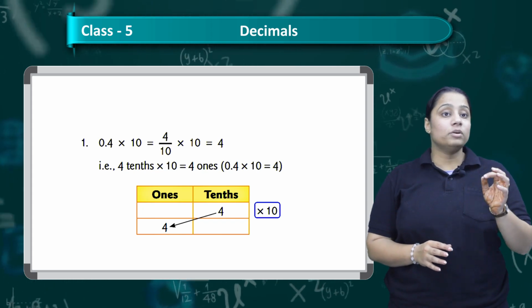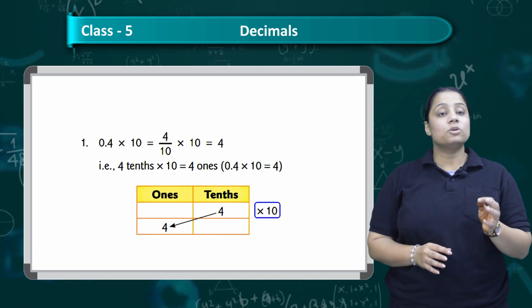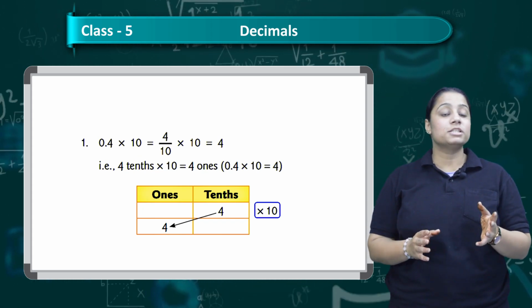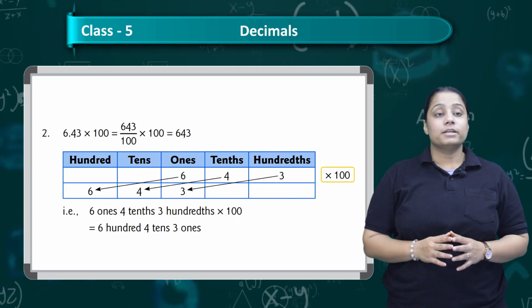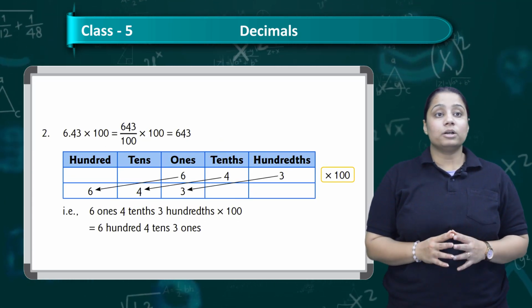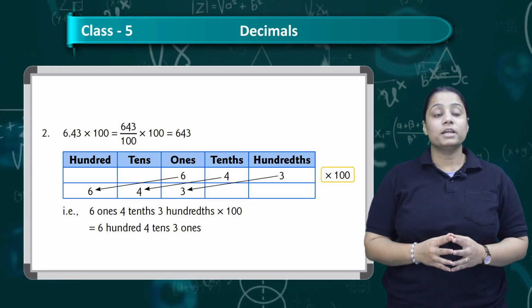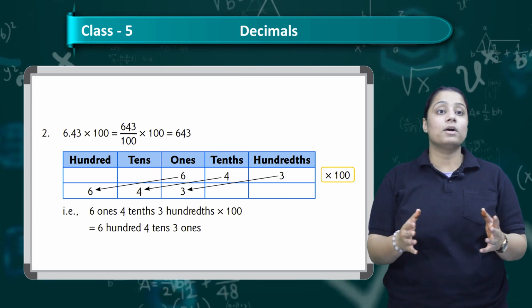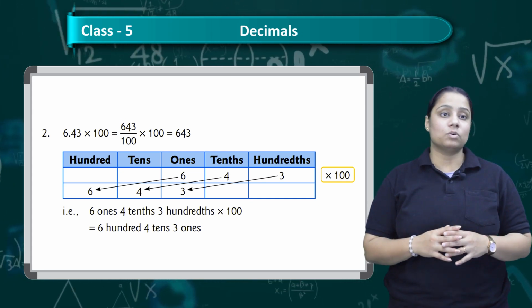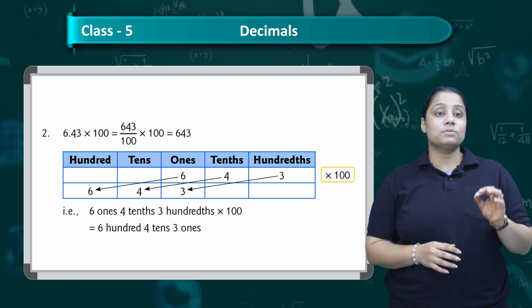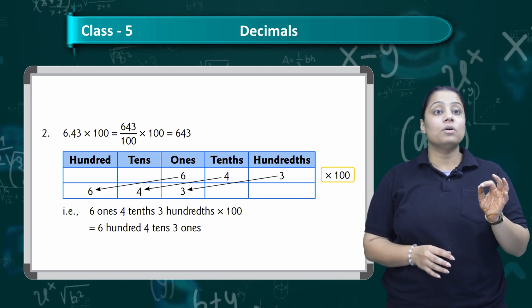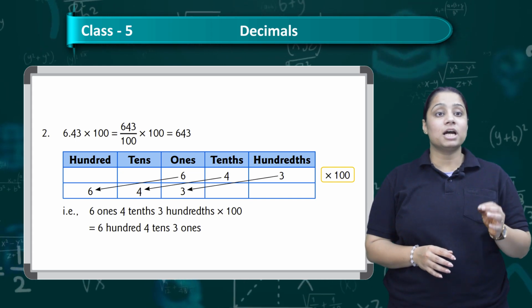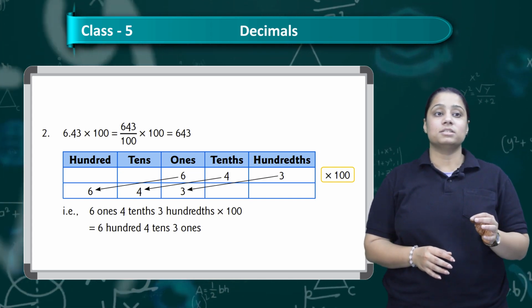That is 4 tenths into 10 is equal to 4 ones, which is 0.4 into 10 is equal to 4. Second, 6.43 into 100 is equal to 643 divided by 100 into 100, which is equal to 643. That is 6 ones, 4 tenths, 3 hundredths into 100 is equal to 600, 4 tens, 3 ones.